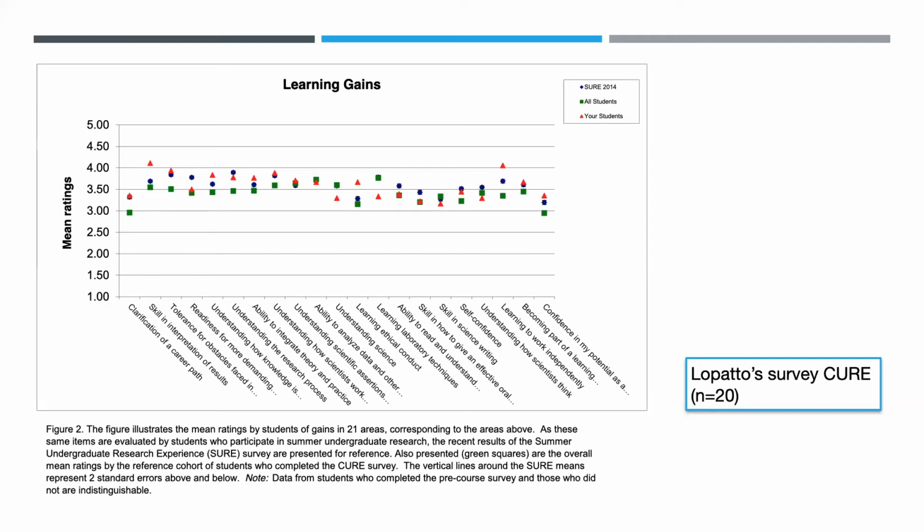These are some of the items that the students scored the highest in terms of what they felt they gained because of participation in this course. So I was very pleased with these results.